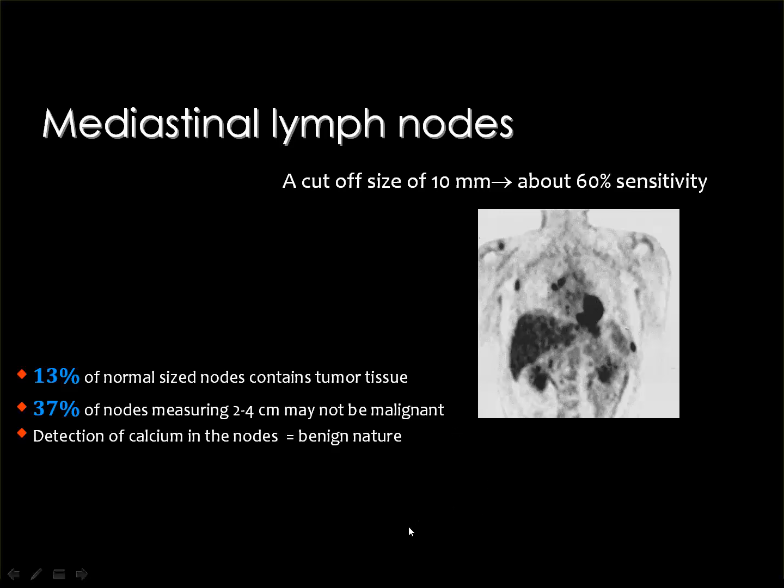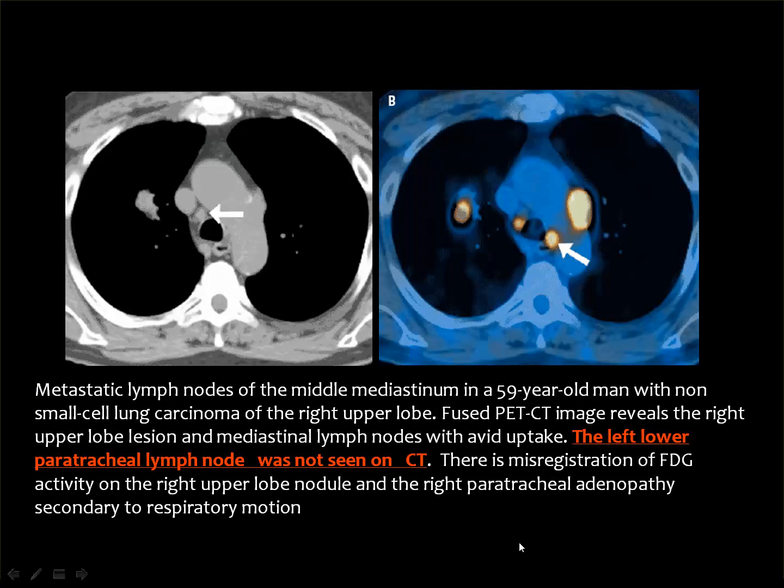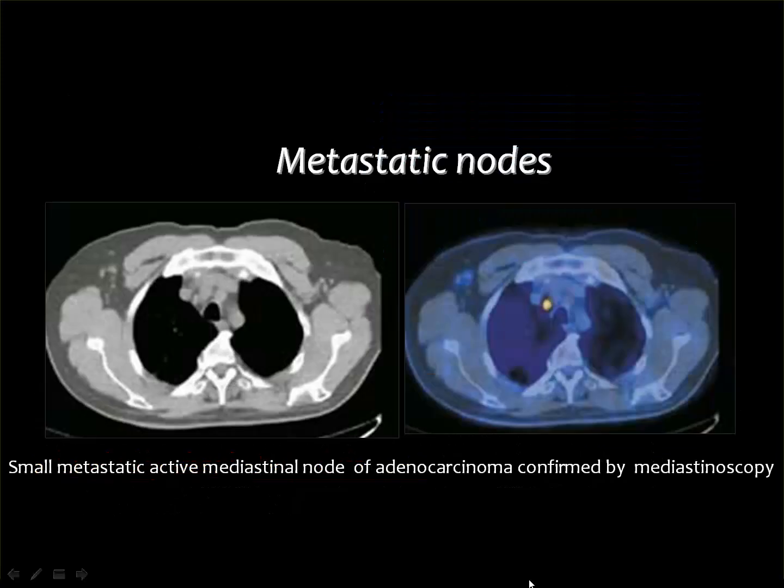Then, on the basis of CT, detection of calcium in lymph nodes may indicate a benign nature. But if you use PET-CT, you can see that this is the bronchogenic carcinoma, and these are the nodes. And this arrow points to a detected node on PET-CT, but it's not seen on its CT component because of the respiratory misregistration.